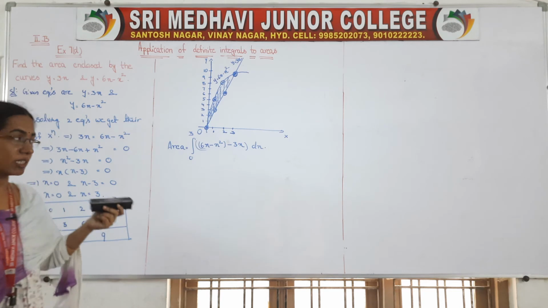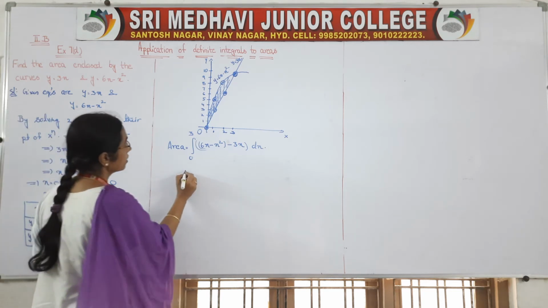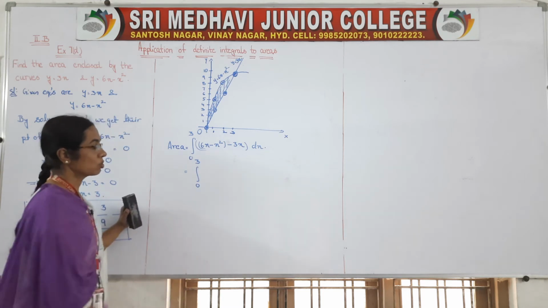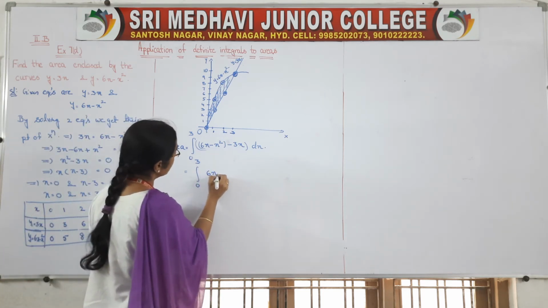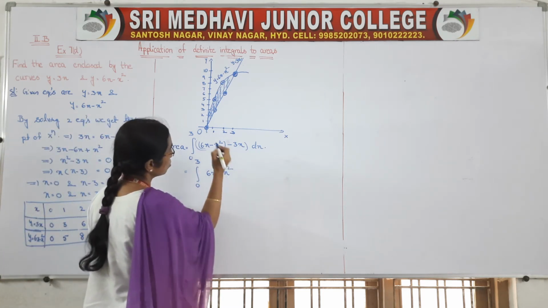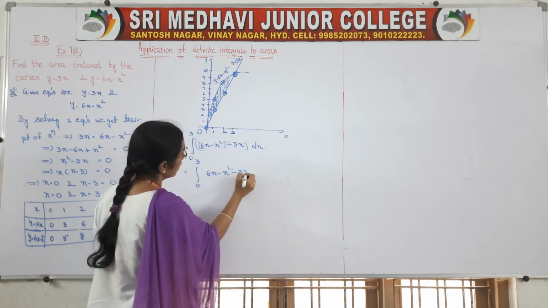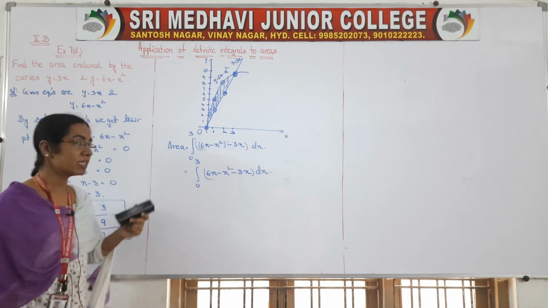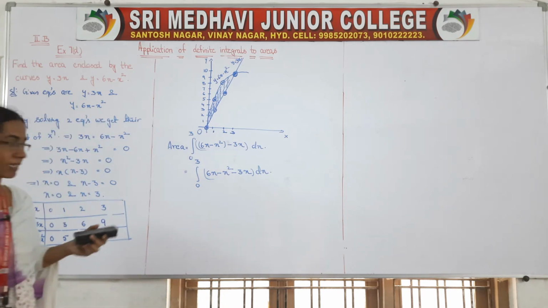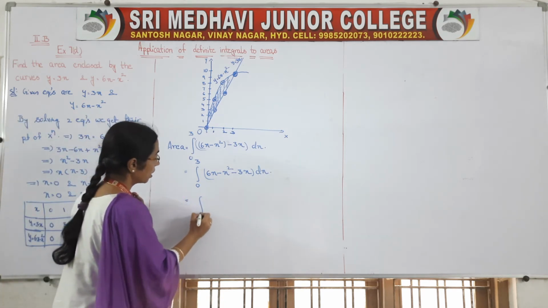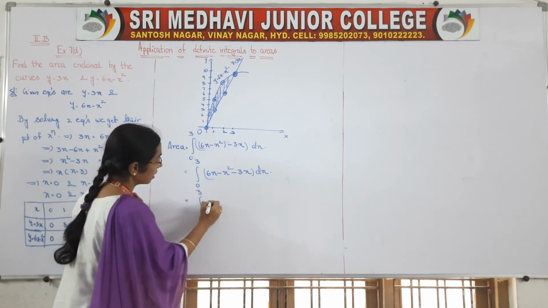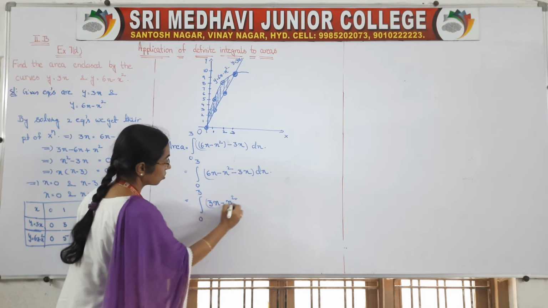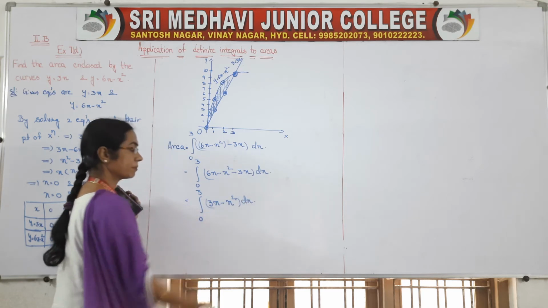Okay, so this is the area. Is equal to integral 0 to 3 of 6x minus x square minus 3x dx. 6x minus 3x is 3x. So is equal to integral 0 to 3 of 3x minus x square dx.